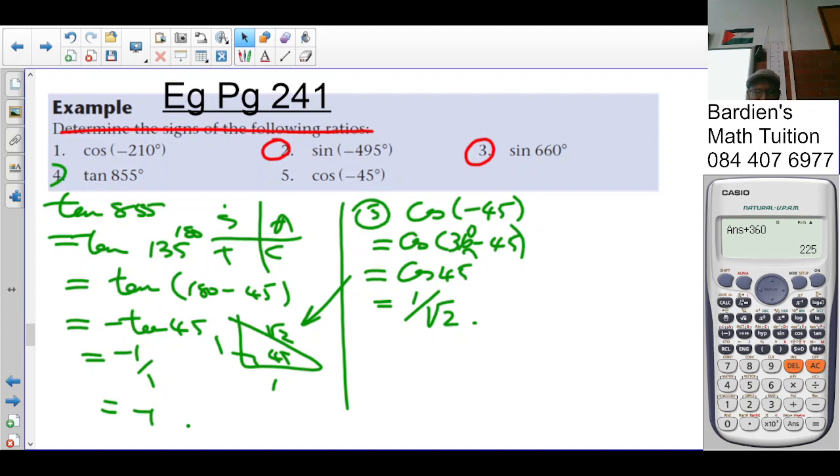Now we're going to look at exercise 7.8. Okay, 7.8 is homework. Reduction formulae with angles that are greater than 360.